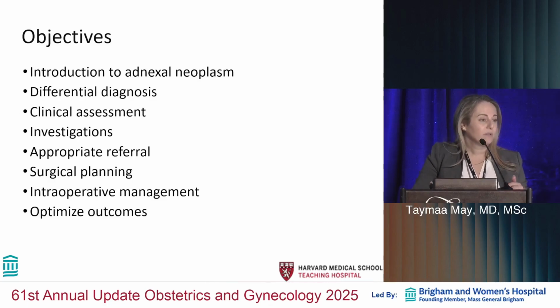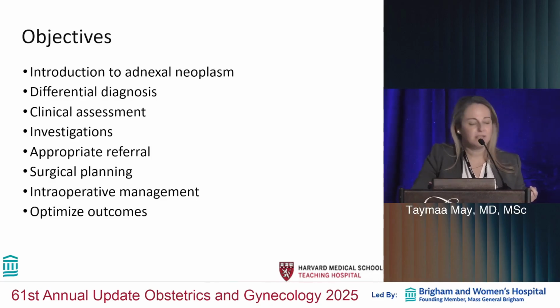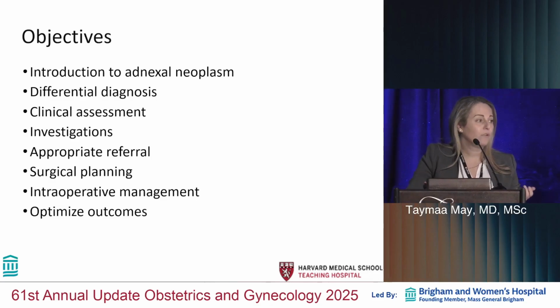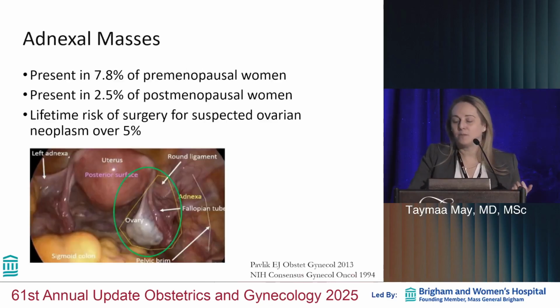So objectives: we're going to talk about an introduction to types of adnexal neoplasms, differential diagnosis, clinical assessment, investigations, appropriate referral, surgical planning, intraoperative management, and how we optimize outcomes for these patients. So the adnexa really is this triangle structure where the ovary is, the fallopian tube, and the broad ligament, and a lot of the neoplasms usually arise from this structure.